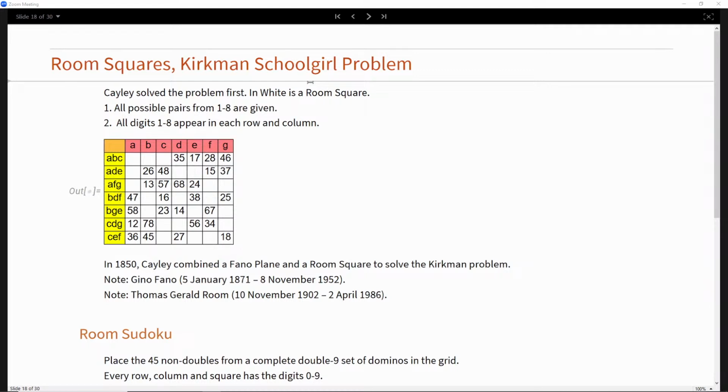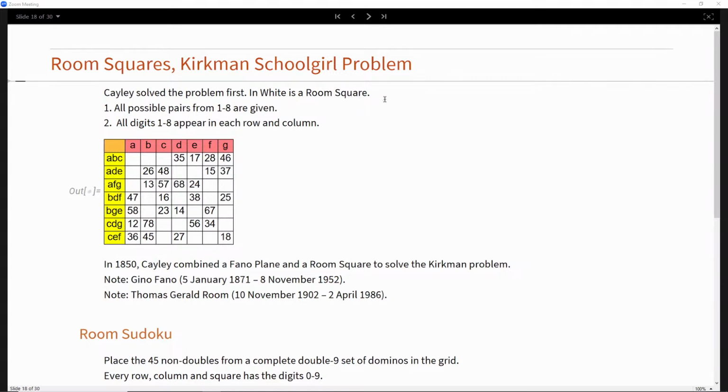You basically have 15 schoolgirls, and they need to walk to school in triples over the course of a week, and no two girls can be in the same triple more than once during the week. The question is whether it's possible to get a set of triples that satisfies that.